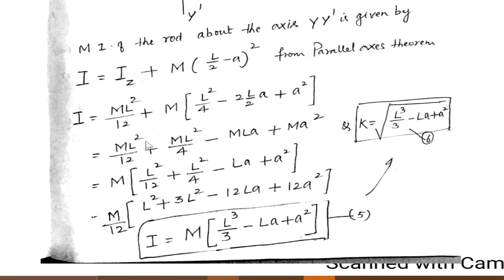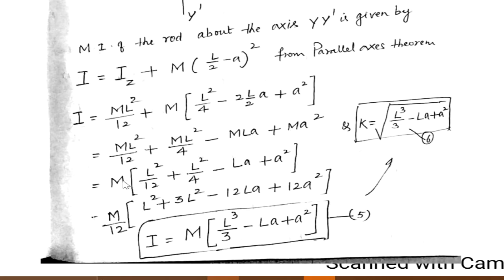So on the next step, the first term is ml square by 12 plus m into L square by 4 minus, the 2 gets cancelled, so m into L into a plus m into a square.